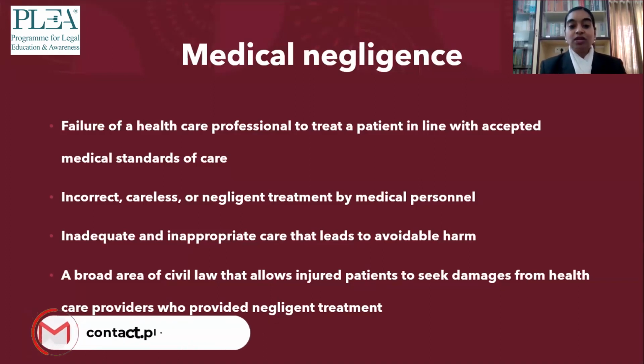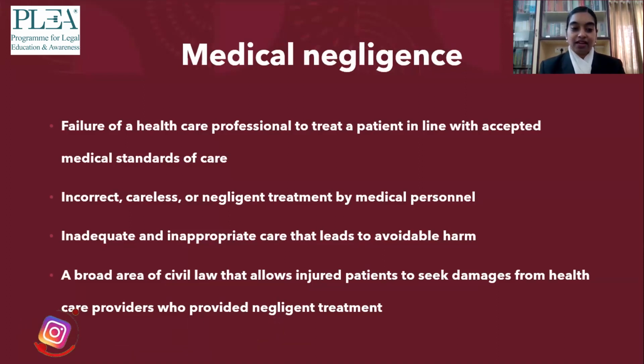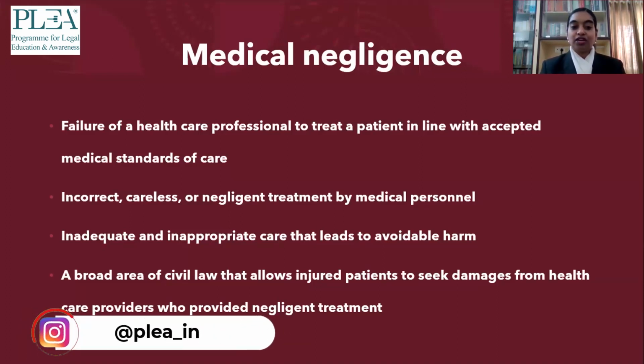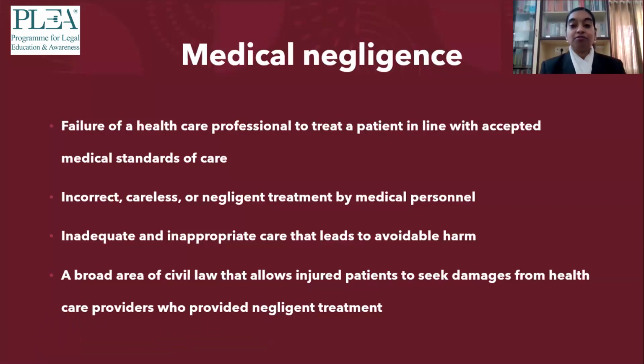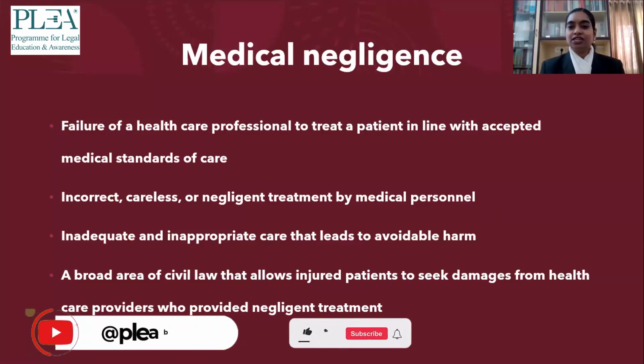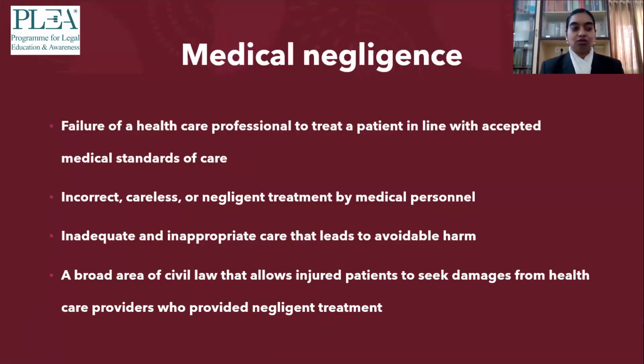Now, next one is, if the medical personnel has given incorrect treatment, or carelessly performed a surgery, or maybe negligence. It already says medical negligence, so the person is negligent. The person doesn't know. You might have seen the movie Ankur Arora Murder Case.